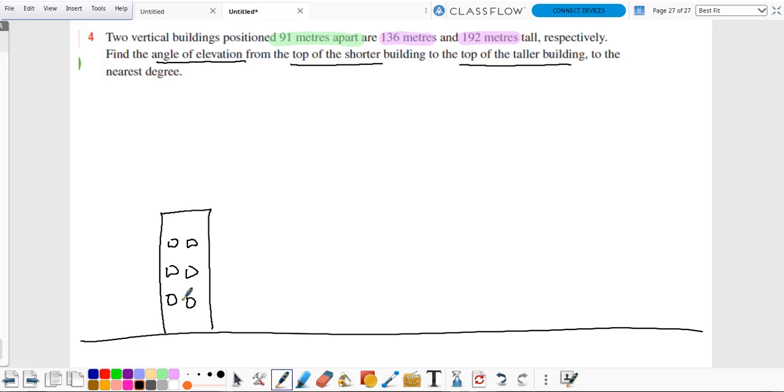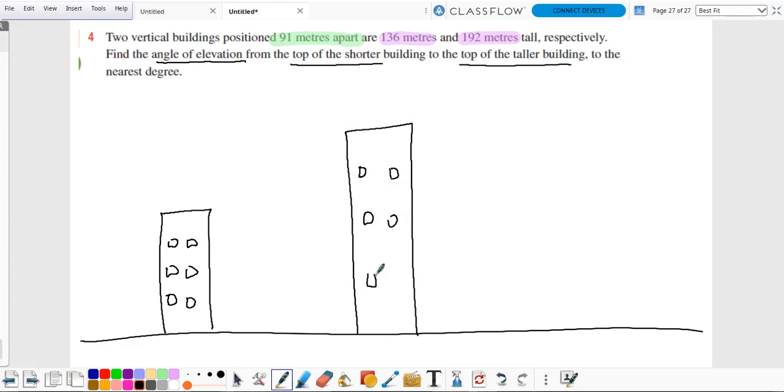So you've got two. Not to scale, that's okay. Now apparently the buildings are 91 meters apart. So let's put that in. This distance here is 91 meters. So they're 91 meters apart.